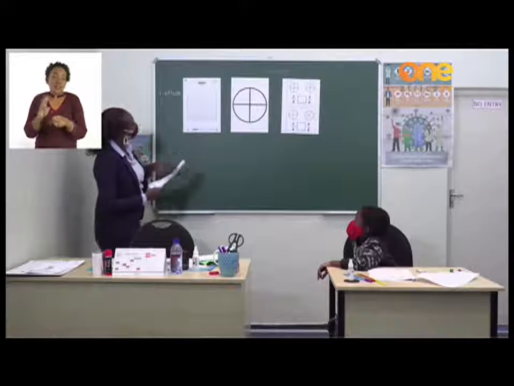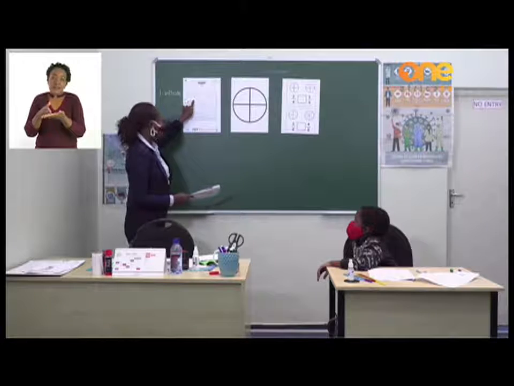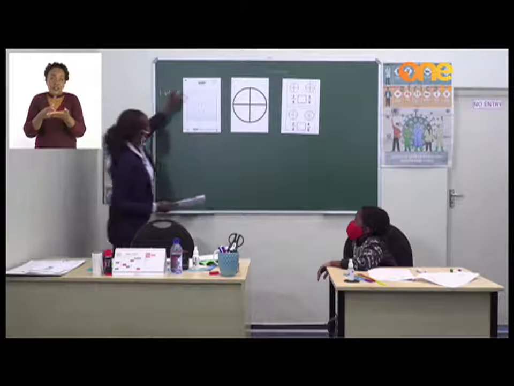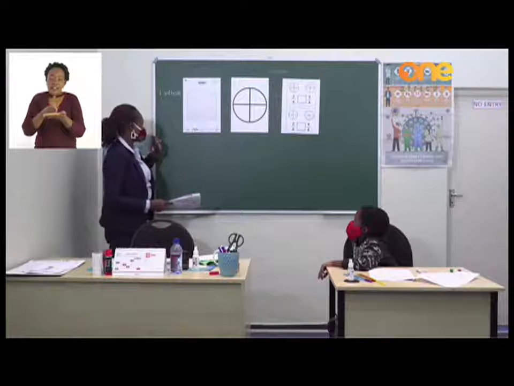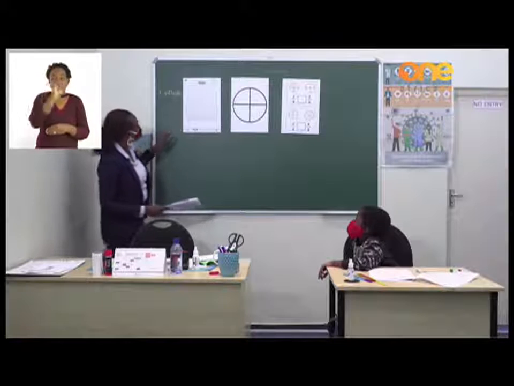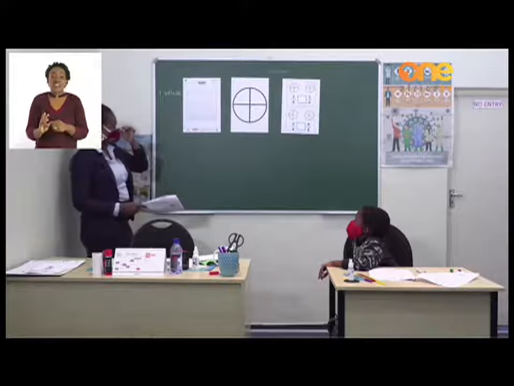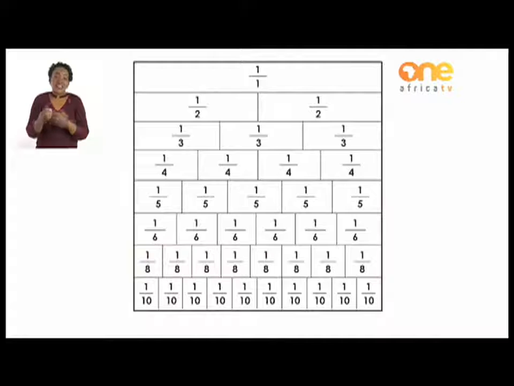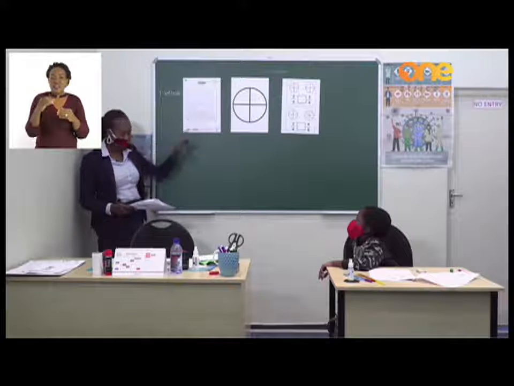The second one is a half. Then we have a third. You must know how to call these fractions well. We also have a quarter. 1 over 5, we call it a fifth. Then we have a sixth, eighth, and tenth. That's all about the fraction chart. You must also try to draw it grade 2s. Okay? And grade 3s, you can use it for your revision. You can also draw it.